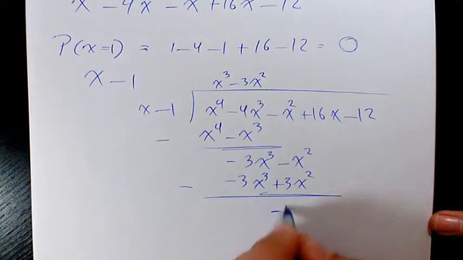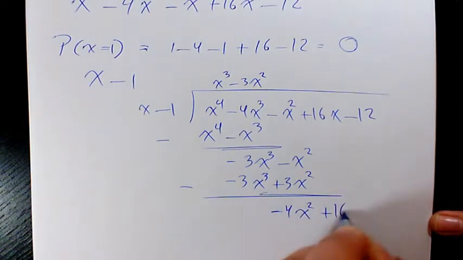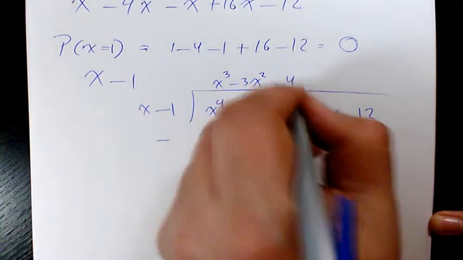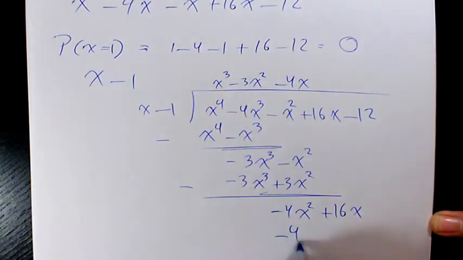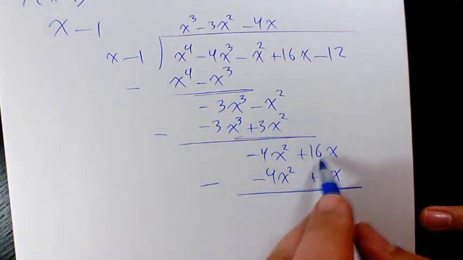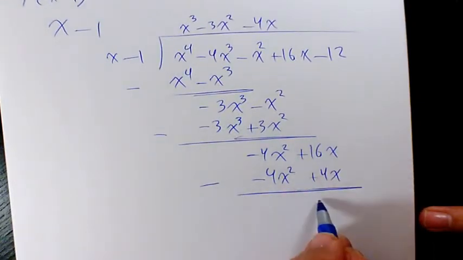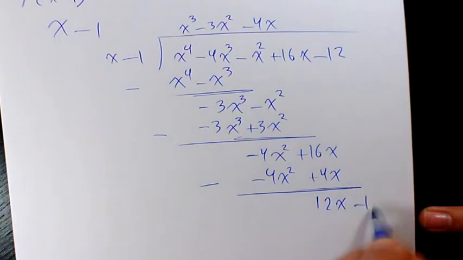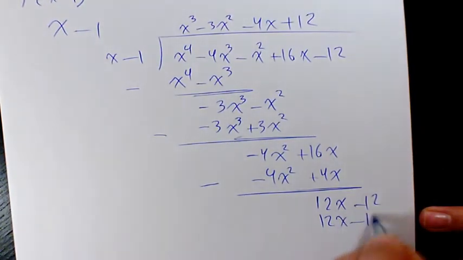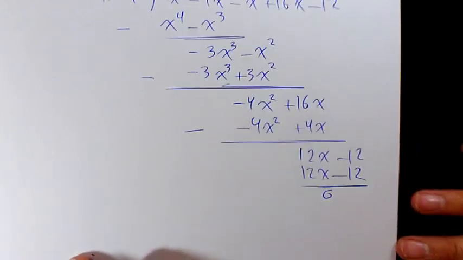Cancel out, it's going to be negative 4x squared plus 16x. When you divide, it's going to be negative 4x. When you multiply, it's negative 4x squared plus 4x. Then you subtract again, these two cancel out. 16x minus 4x is 12x minus 12. When you divide, it's going to be 12. So 12x minus 12 makes it 0.